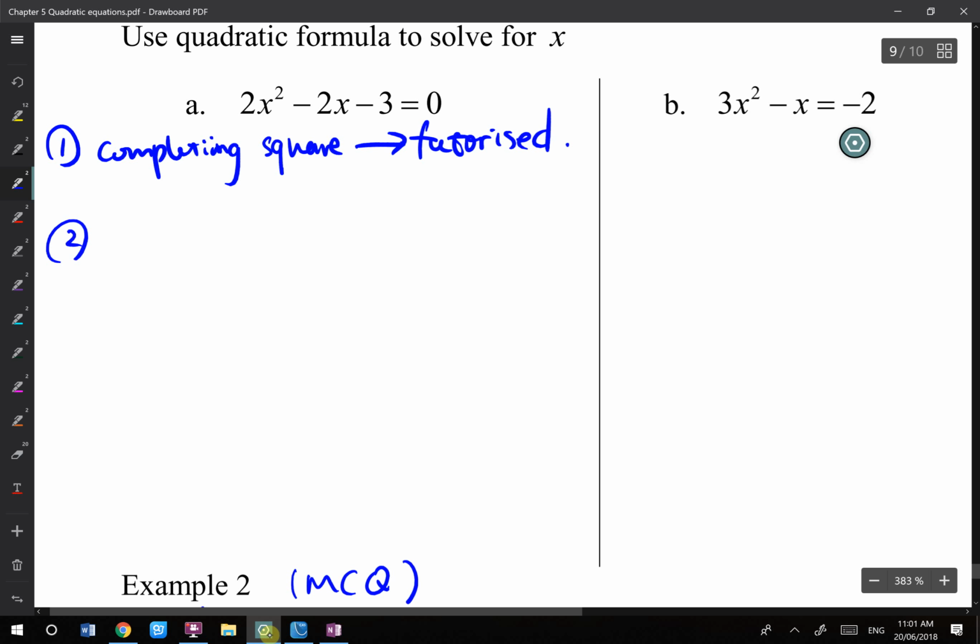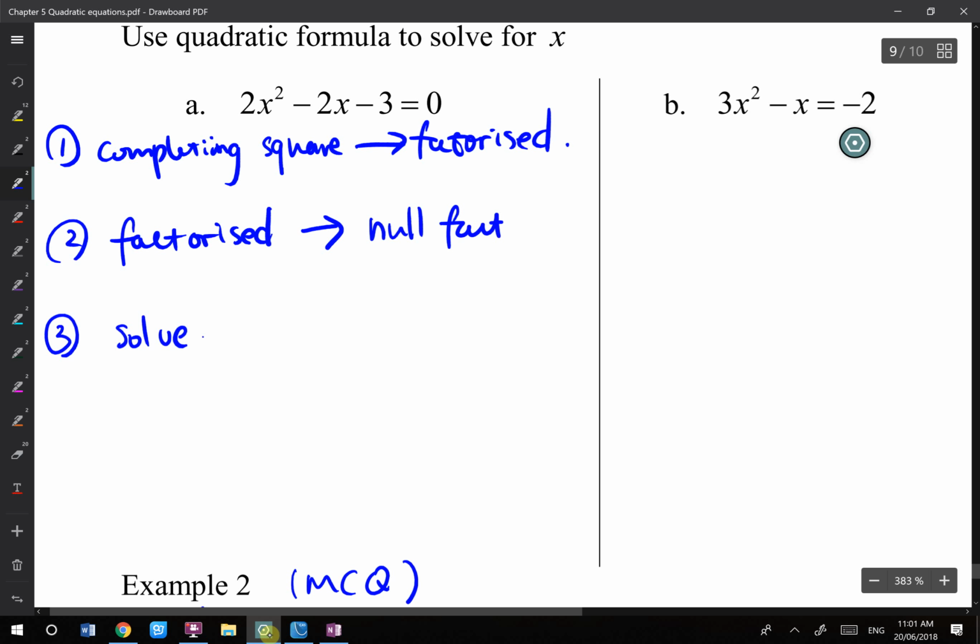Or I can ask the calculator to factorize it for me, and then I use the quadratic formula. Or I can directly solve it in the calculator.